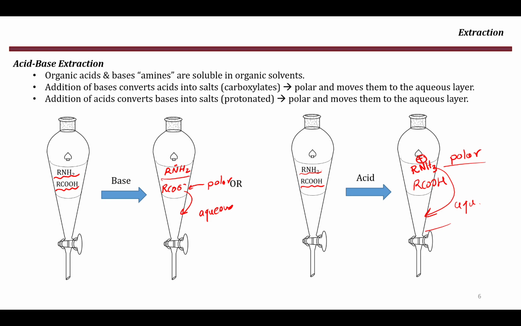So basically, acid-base extraction is a technique which uses an acid or a base to change the polarity of a compound. And once the polarity of the compound is changed, it moves from one layer to the other, and this is how we separate them. Let's say, for example, we have a mixture of an acid compound, a basic compound, and a neutral compound.